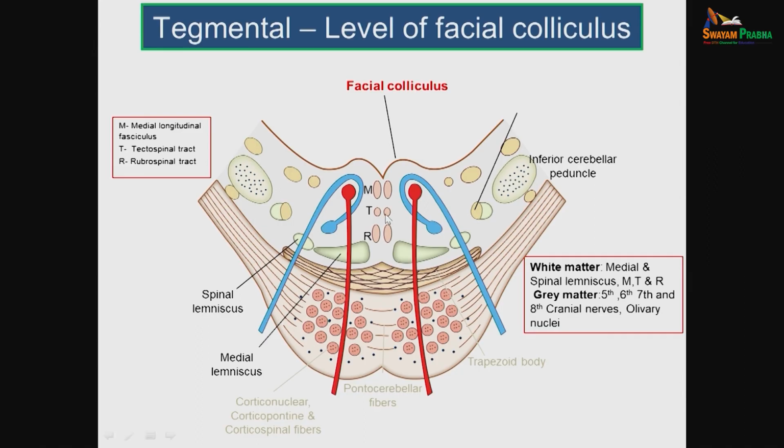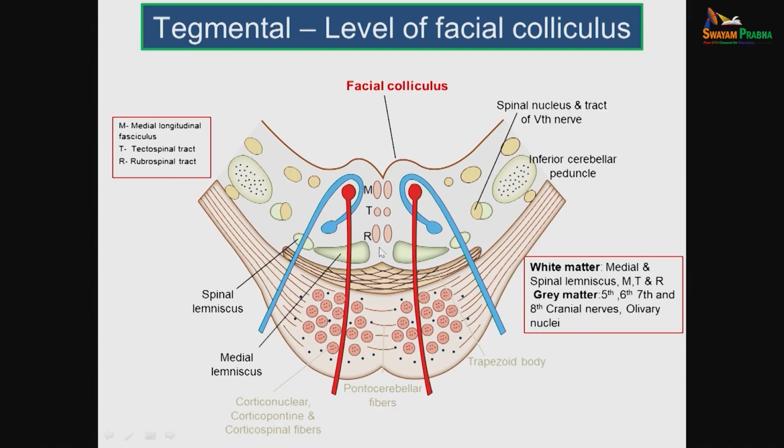Then we have the tectospinal tract, that is from the tectum of the superior colliculus to the spinal cord. This is for the visual coordination between the spinal cord and the tectum of the midbrain. Then is the rubrospinal tract from the red nucleus to the spinal cord. So, these are the median position. You see these three white matters.